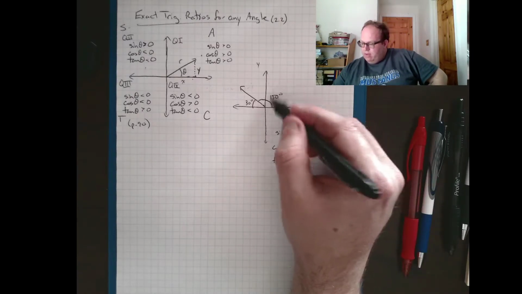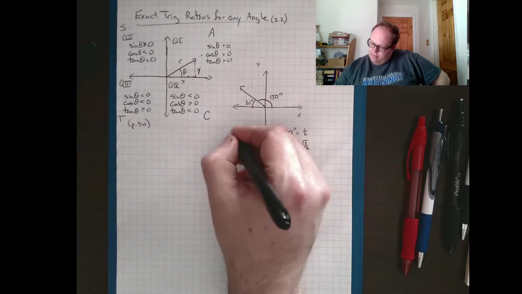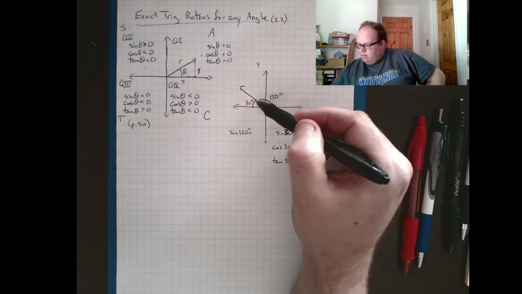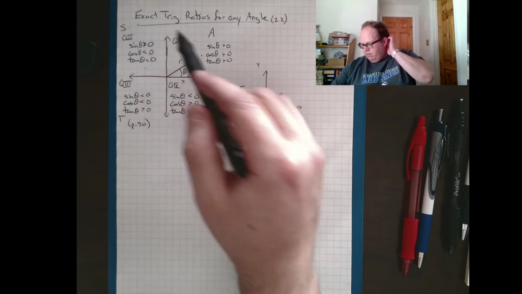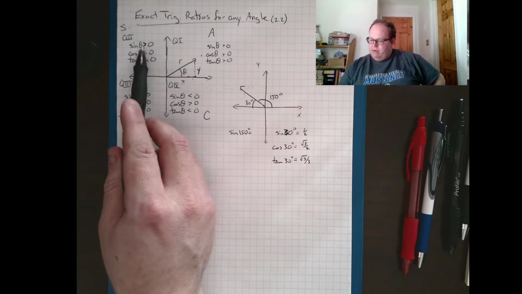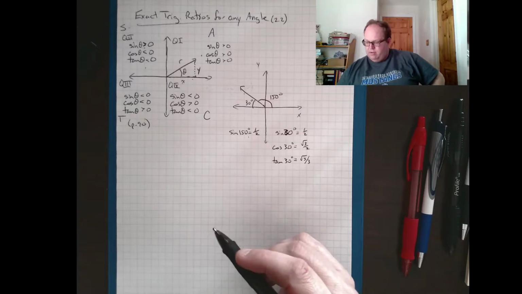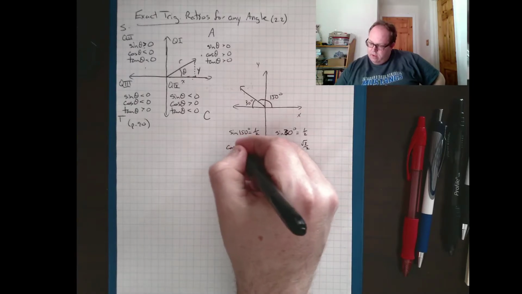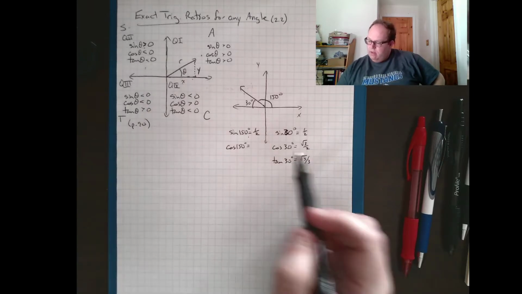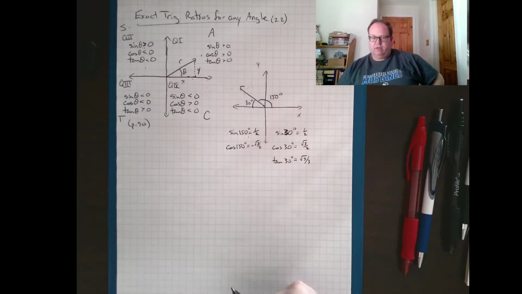Now, what this tells me about 150 degrees is that the ratios will be the same, but they're going to be positive or negative depending on the quadrant they're in. My angle terminates in quadrant 2, so my sine value is positive, so sine of 150 degrees is just 1/2, same as the sine of 30 degrees. However, in quadrant 2, cosine should be negative. So that means the cosine of 150 degrees is negative √3/2.